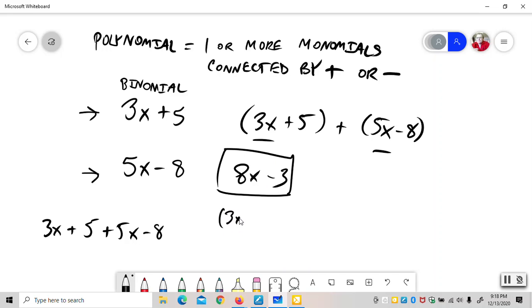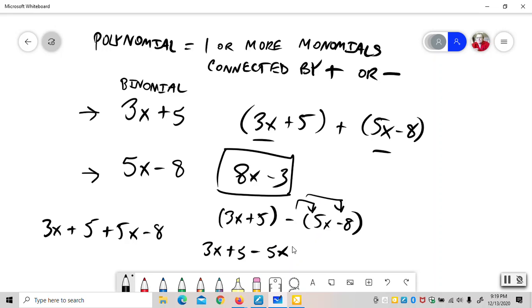If you were to subtract these guys, you do the same thing. You just flip signs. This distributes. It changes the sign of everything inside. So this becomes 3x plus 5 minus 5x, minus times a minus is a plus, plus 8. 3x plus negative 5x, you subtract and take the sign of the larger absolute value and you get negative 2x.